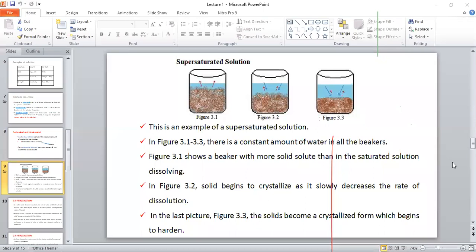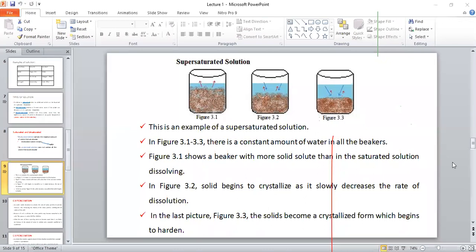So the solid solute is a solute that is formed from a particular solid that goes into the solution. Now, the solute is the one that goes into solution. The solid is the one that you're trying to make go into solution. It becomes solute once it goes into solution.